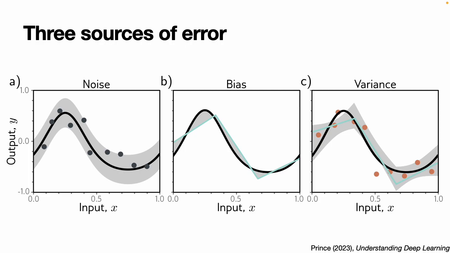So let's look at this. What do I have here? I have a variance term, right? The variance of my model with respect to the training data. That's what this is. The orange dots are my training data.